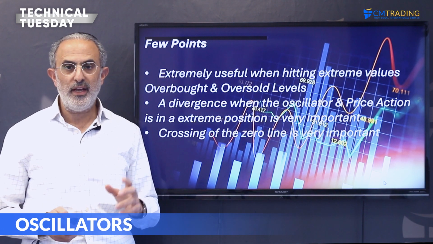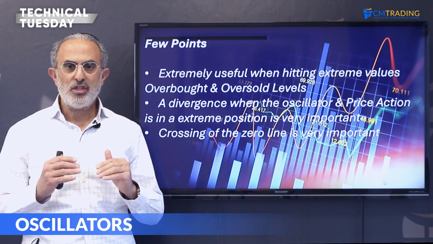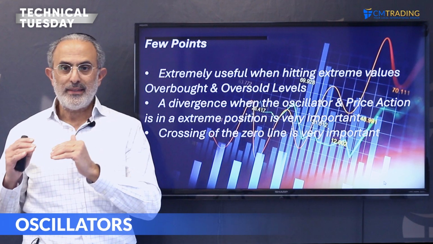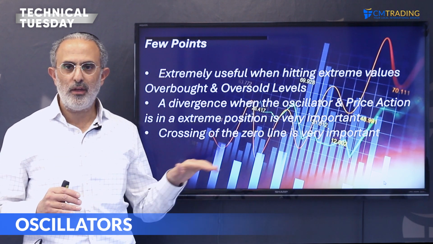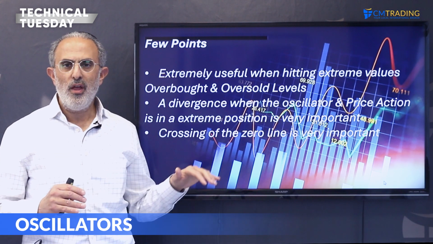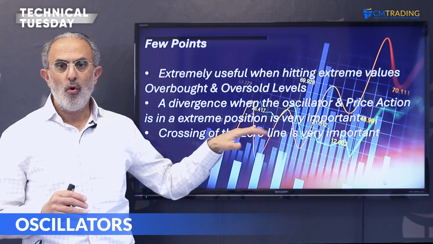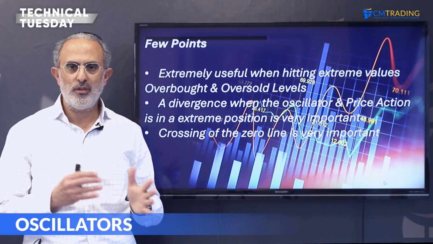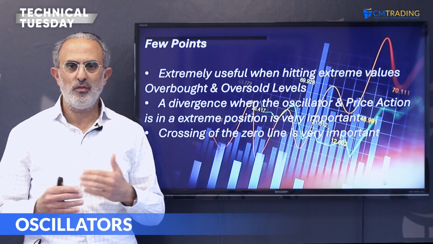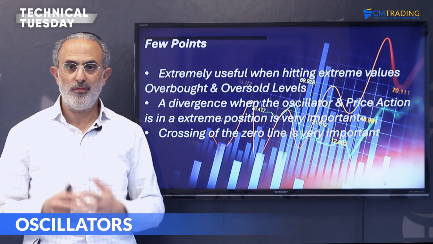The last one is crossing that zero line I spoke about before, another situational setup where you can take advantage of the market as it's happening in real time. So there are three levels here: overbought, oversold, or the middle zero line. We'll get into it one by one as we discover MACDs and stochastics, and specifically how these apply to trading the financial markets.